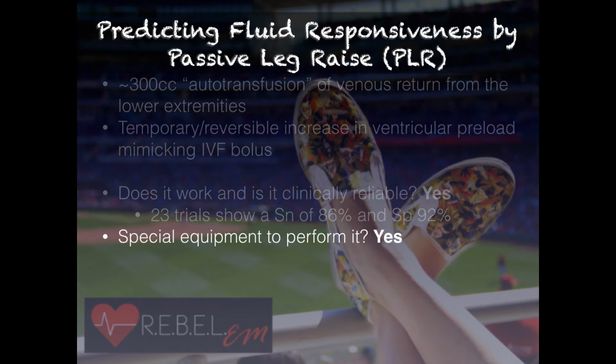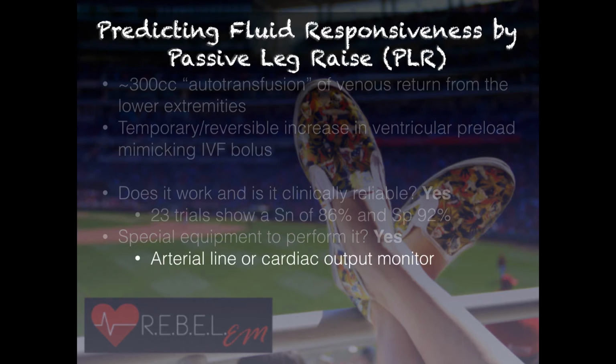Does it require special equipment to do it? Yes, it does. You either have to put an art line in, and when you perform the test, the patient usually starts in a semi-recumbent position. Then you lay them flat and kick their legs up about 45 degrees and hold it for about 2 or 3 minutes.